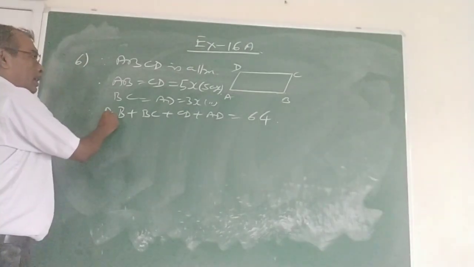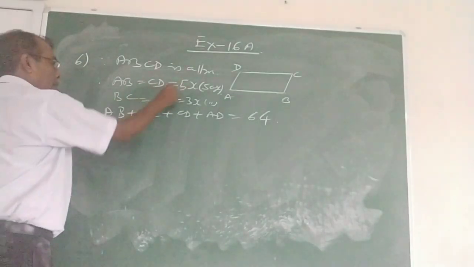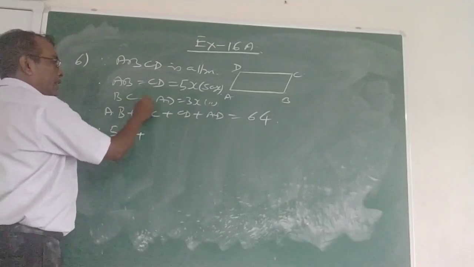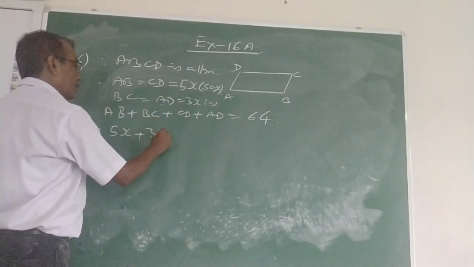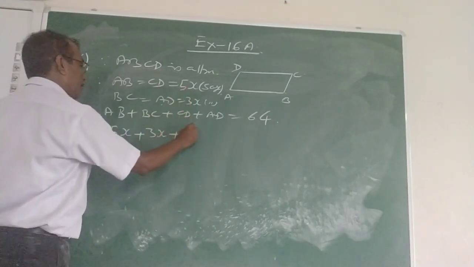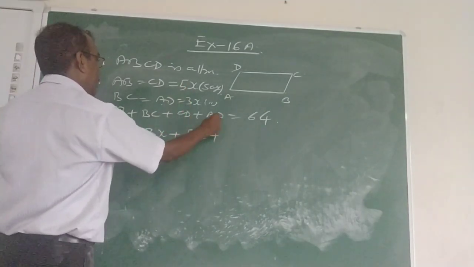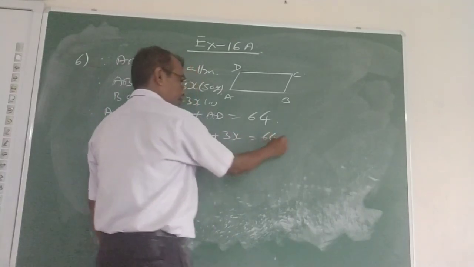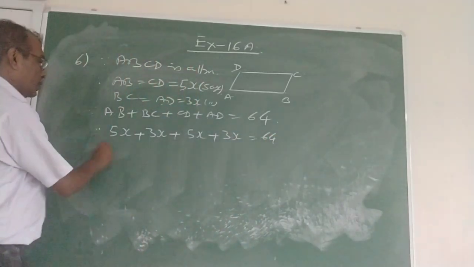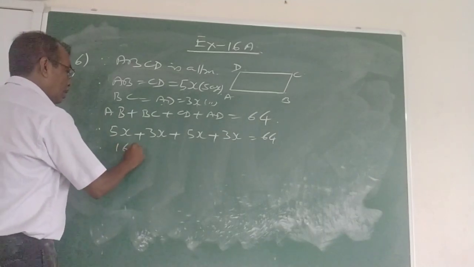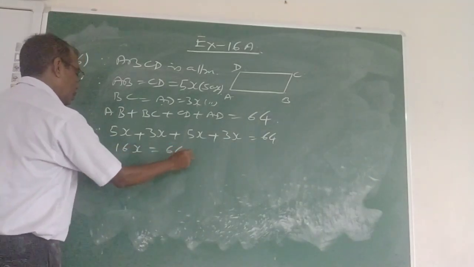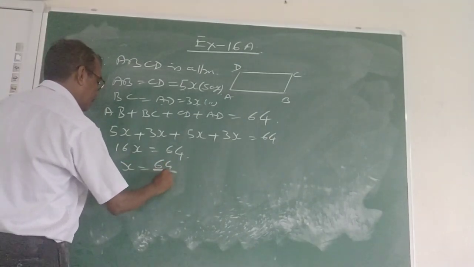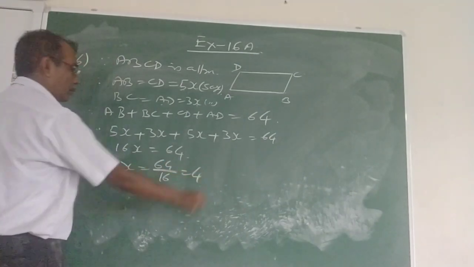Therefore AB and CD are equal sides, plus BC and AD are equal, which is 3x. So 5x plus 3x plus 5x plus 3x is equal to 64. Therefore, 16x after adding is equal to 64. Therefore, x is equal to 64 by 16, which is 4.